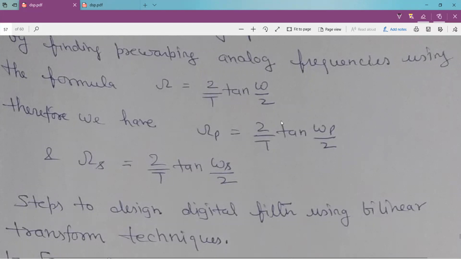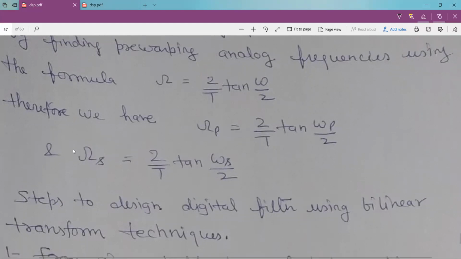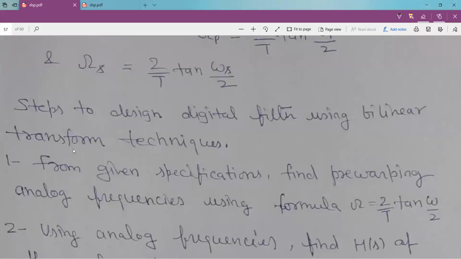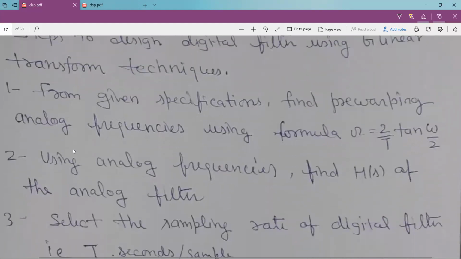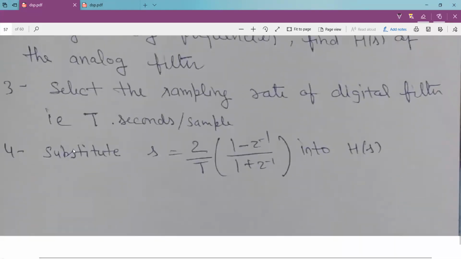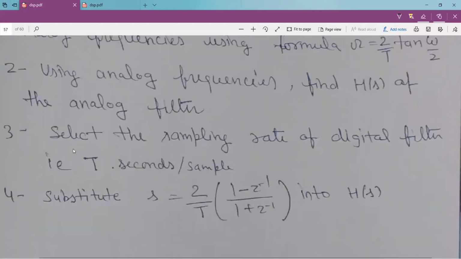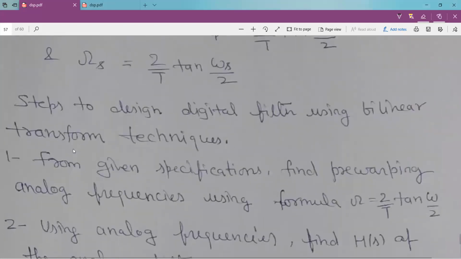So in the start, the specification will be this omega p and this omega s to design a Butterworth filter, and from this Butterworth filter, when we apply the bilinear transformation method, we will not face the warping problem.